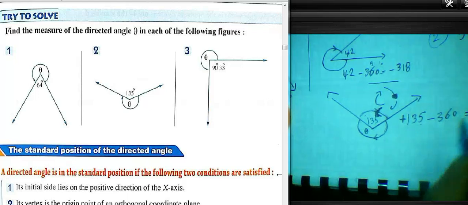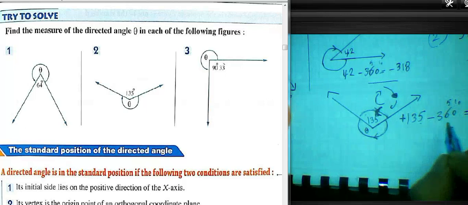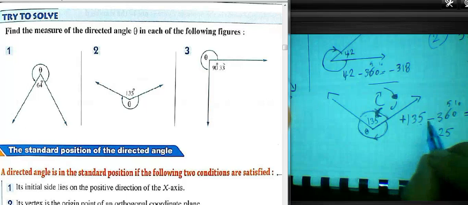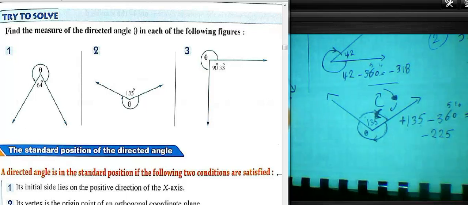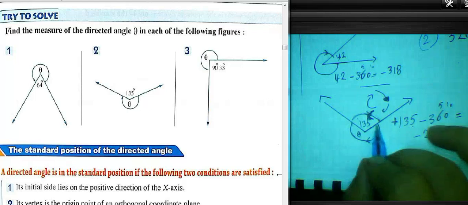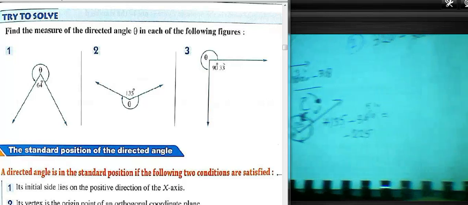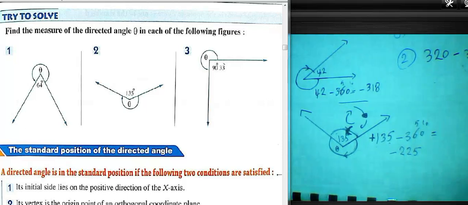So you can find the result. 5 subtract 3 equals 2, 3 subtract 1 equals 2. The result will be negative 225, because this direction was clockwise. It's easy for you, understood? You can stop this video and prepare.